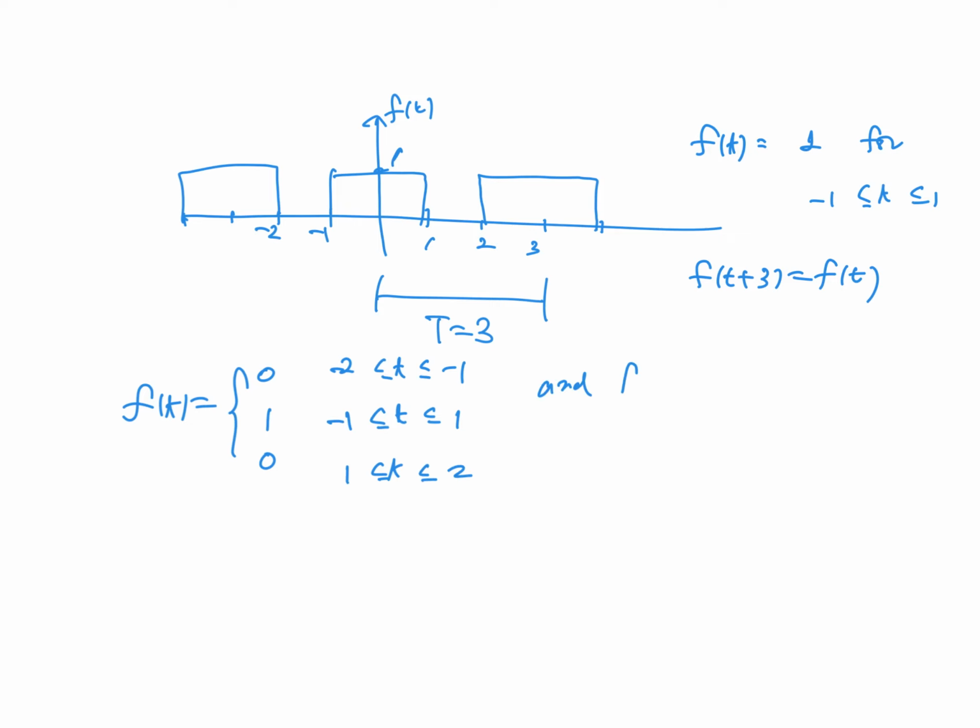And f(t+3) is f(t), so T is 3. So a0 is what? 1 over 3 times the integral of f(t) dt.